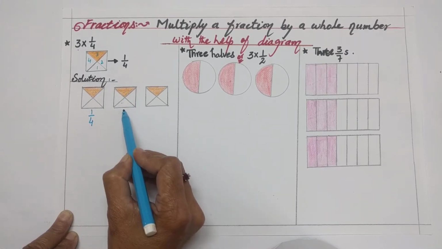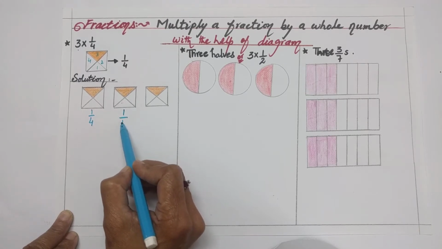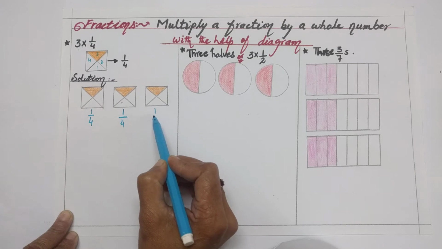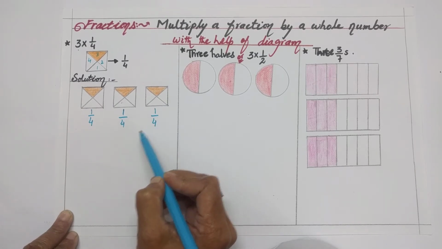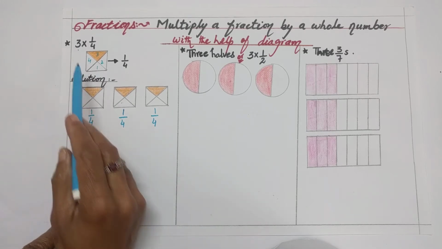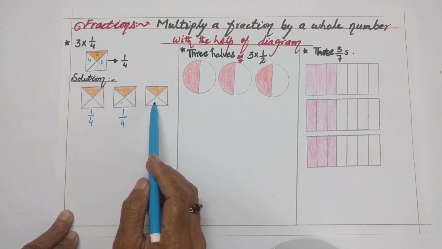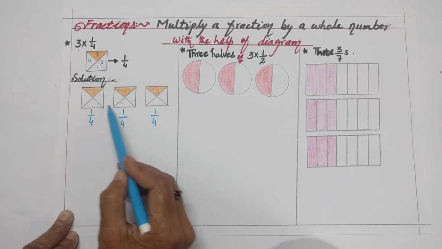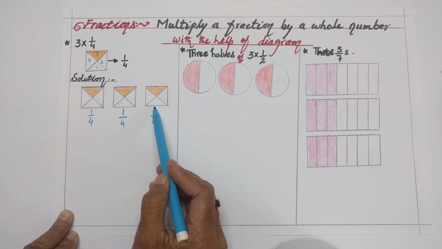One part is shaded, 1 is the numerator and 4 is the denominator. So according to the question, we have to draw the diagram, and 3 times 1 by 4 means 1 by 4, 1 by 4, 1 by 4.